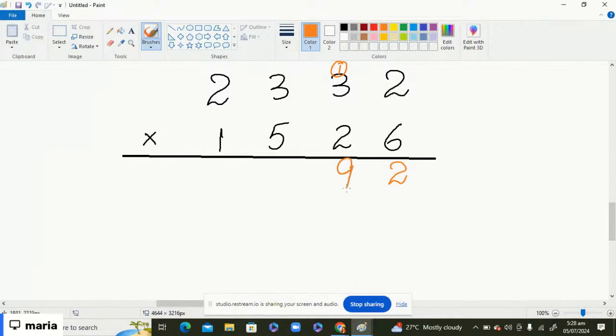You put 9 here, 1 goes up. 6 times 3 is 18, and again plus 1 is 19. You put 9 here, and 1 goes up. 6 times 2 is 12, plus 1 is 13. Understand this one? It's just a simple one. Now you put a 0. That's okay, let's just put 0.